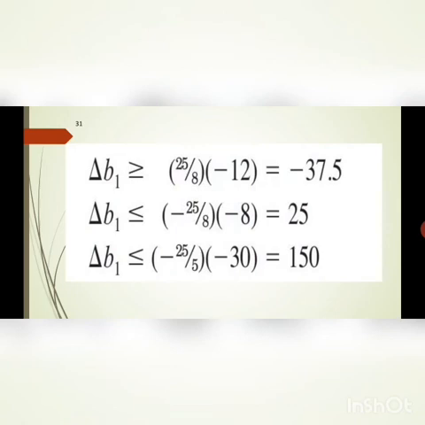So, solving for change in B sub 1 in the inequalities, we obtain change in B sub 1 greater than or equal to 25 over 8 times negative 12, which is negative 37.5. Change in B sub 1 less than or equal to negative 25 over 8 times negative 8, which is equal to 25. Change in B sub 1 less than or equal to negative 25 over 5 times negative 30, which is equal to 150.